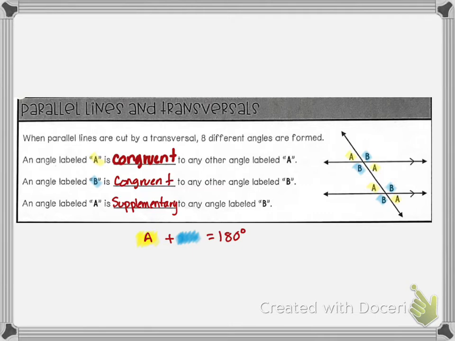So angle A plus angle B will equal 180 degrees. That means if we were looking at these two angles right here, those are 180 degrees, right? If we were looking at these two angles here, they would be 180 degrees.